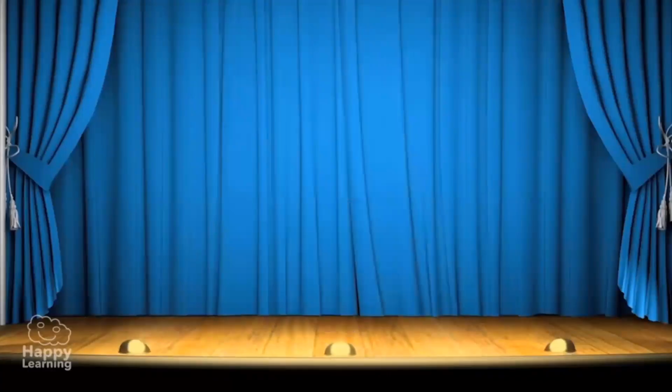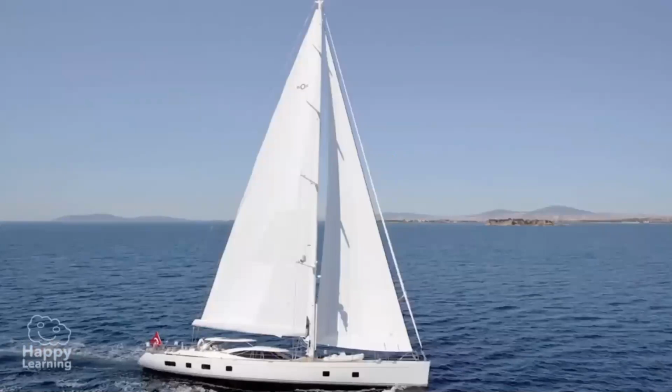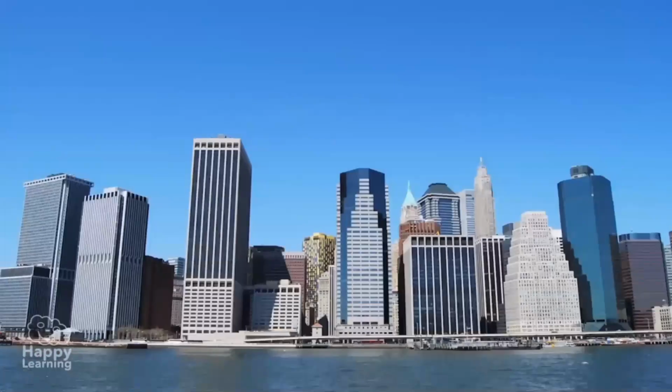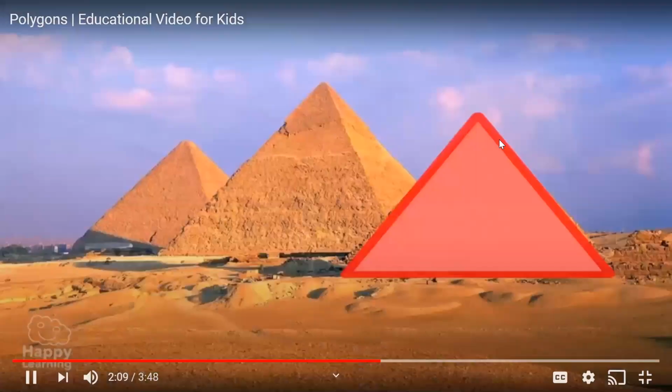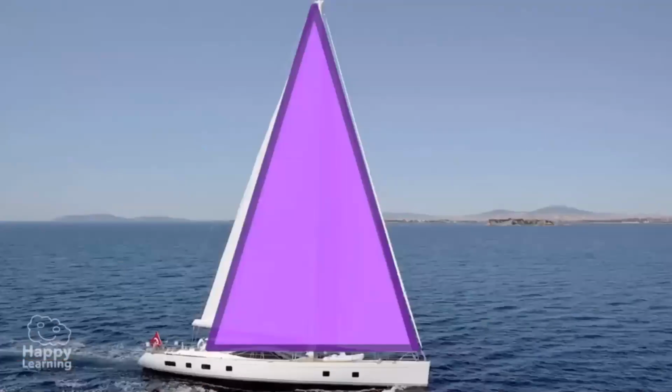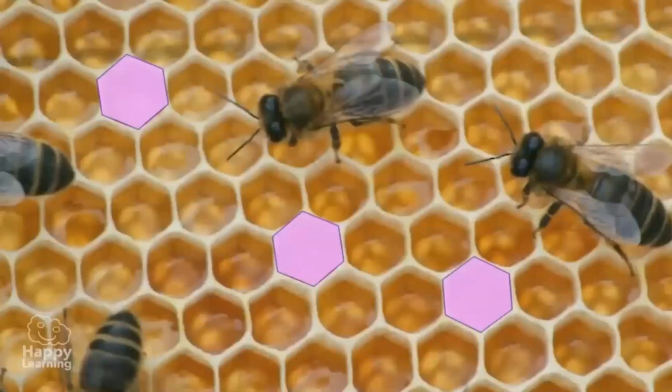Now, let's find the polygons in these pictures. Look carefully. Can you see any polygons? Good. As you can see, the pyramid, the boat's sails, these buildings, and the panels of this hive where bees make their sweet honey are all polygons.